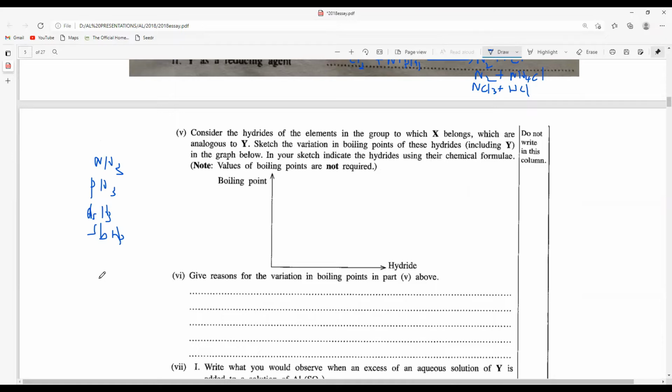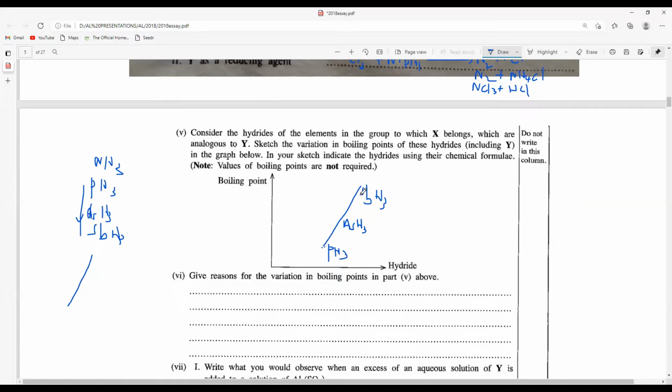So this is theory. When you go down from phosphorus to antimony, for example, the boiling point should generally increase like this. So here you can think about phosphorus, arsenic hydride, and SbH3, and PH3 here.